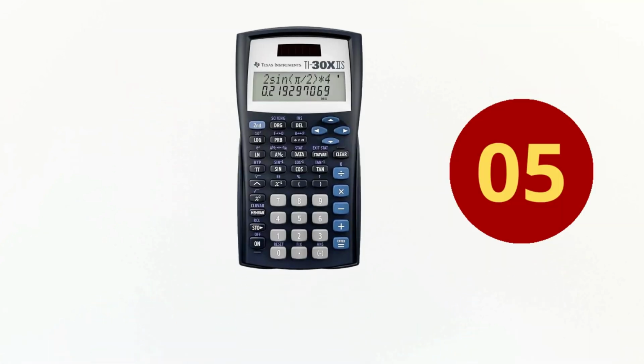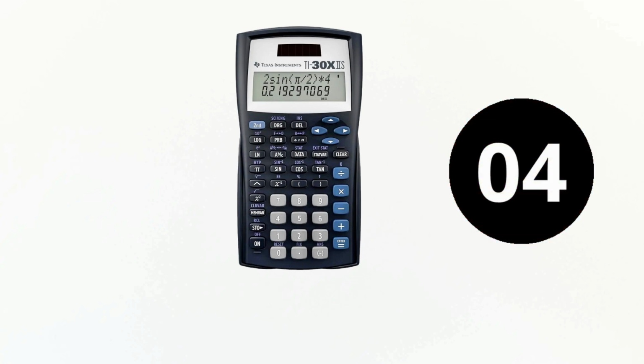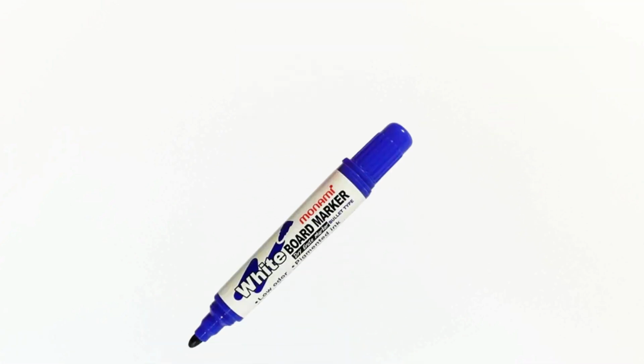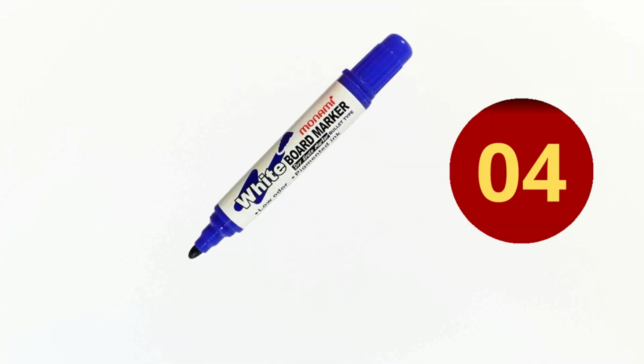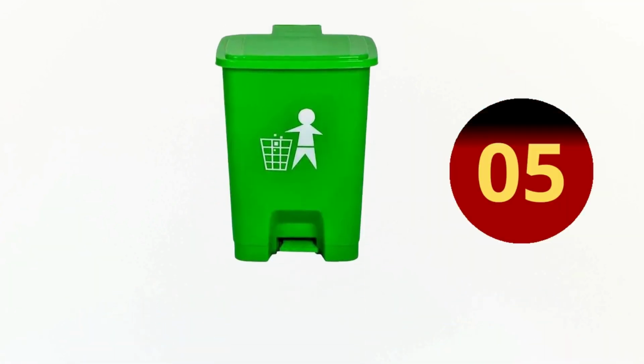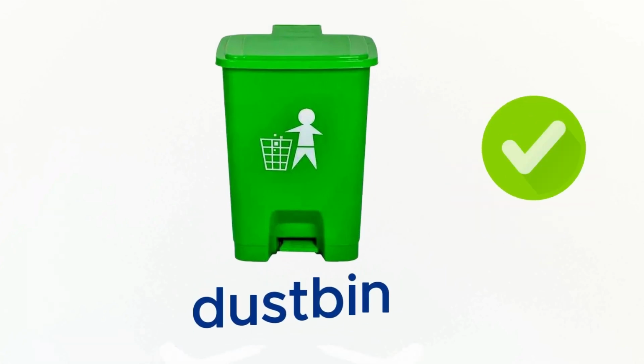What is this? Calculator. What is this? Whiteboard marker. What is this? Dustbin.